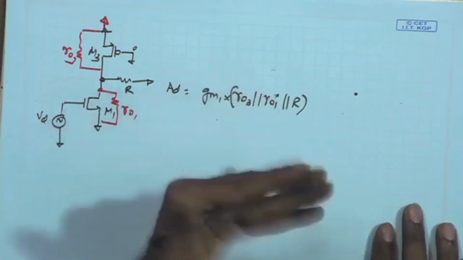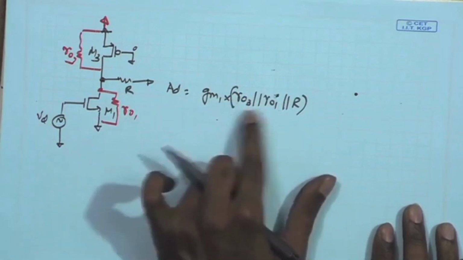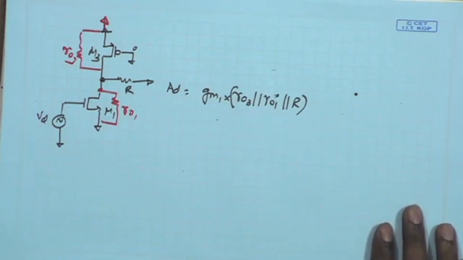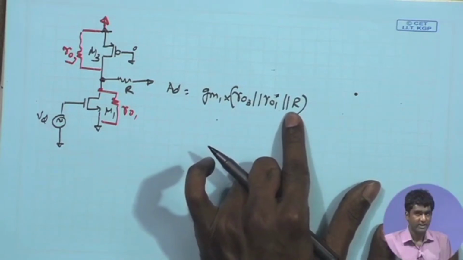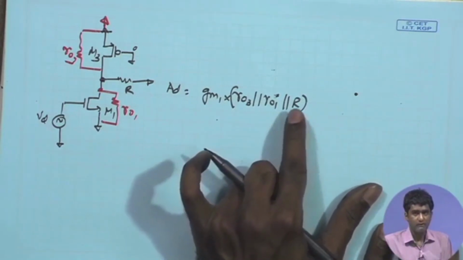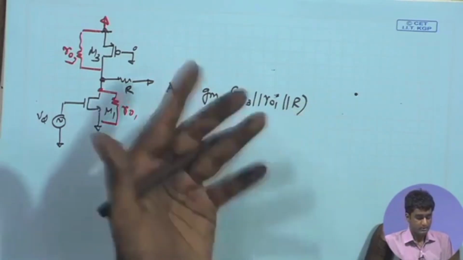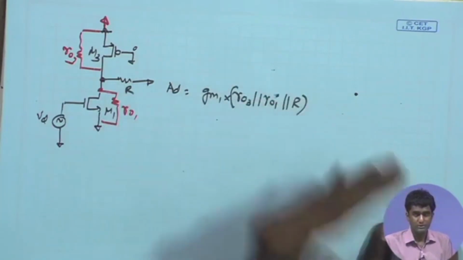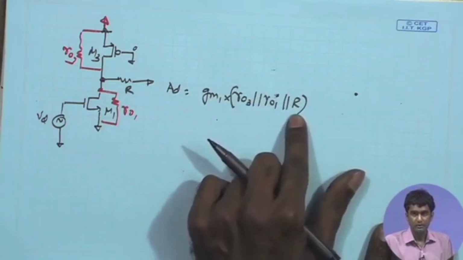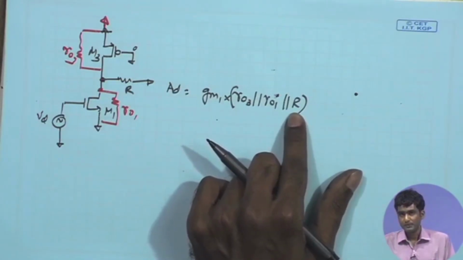We will see that noise constraint also enforces longer channel lengths, and that would make RO1, RO3 pretty large, and that would mean that if you really want to use the resistive divider to extract the common mode voltage, the R value required over here will also be very large, anywhere between mega ohm to tens of mega ohms, which once again will not be very practical from the point of view of integrated circuit design.